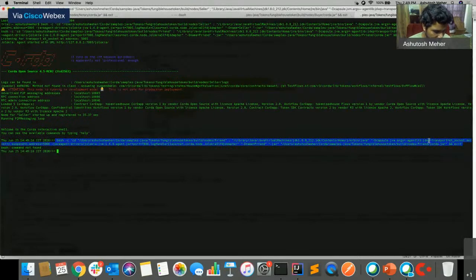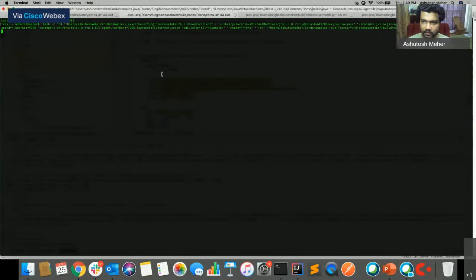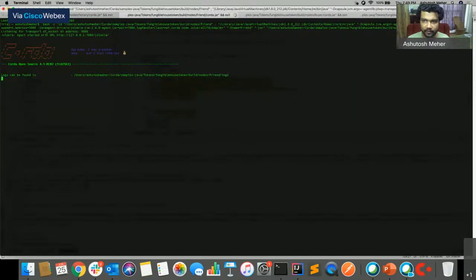This is the friend node. I'll explain what these nodes are. Just give me a second while they come up. Just one node remaining. While it comes up, I think we can still start.